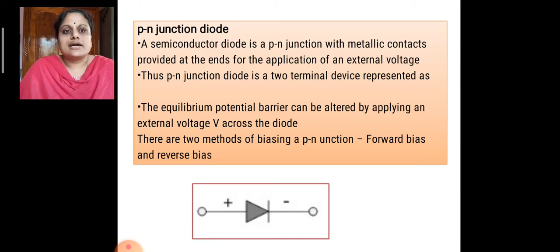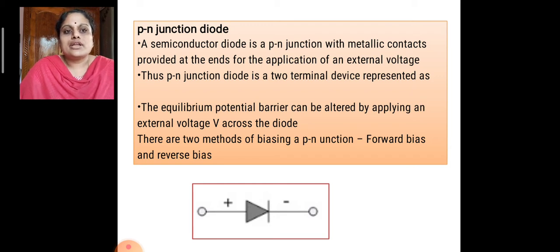A semiconductor diode is a PN junction with metallic contacts provided at the ends for the application of an external voltage. Thus, a PN junction diode is a two-terminal device represented as shown in the figure. The left-hand side represents the positive region and right-hand side represents the negative region.